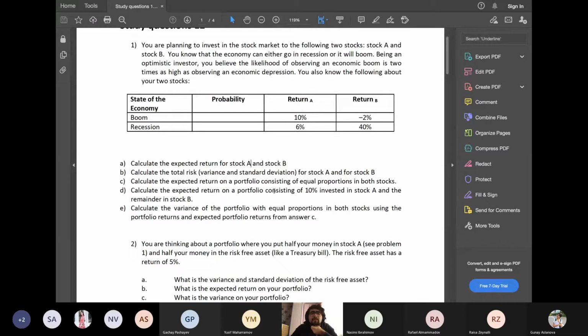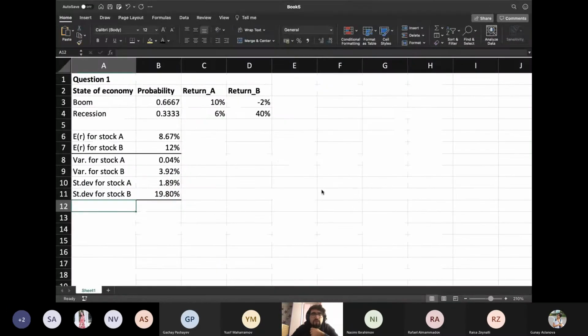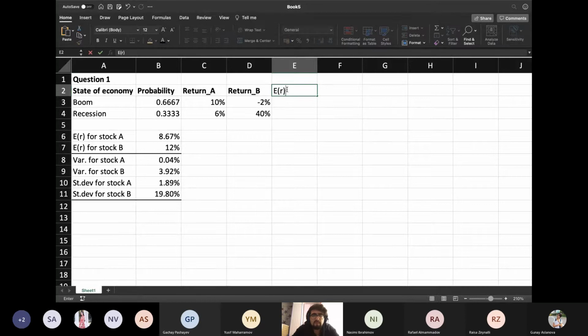Calculate the expected return on portfolio consisting of equal proportions in both stocks. Equal proportions.